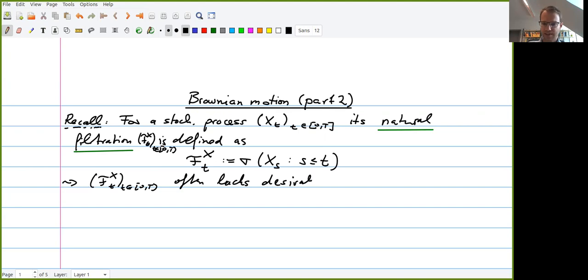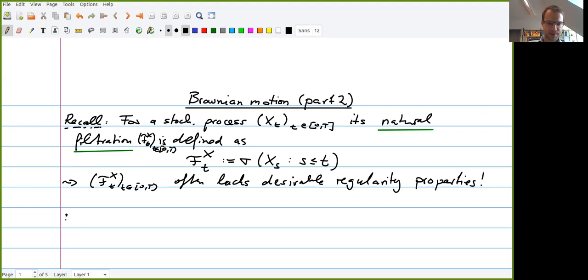As we will see in the next example, natural stopping times might not be stopping times if we just consider the natural filtration. This is why in the next step we want to consider some regularized version of the natural filtration, even in the case of a Brownian motion.